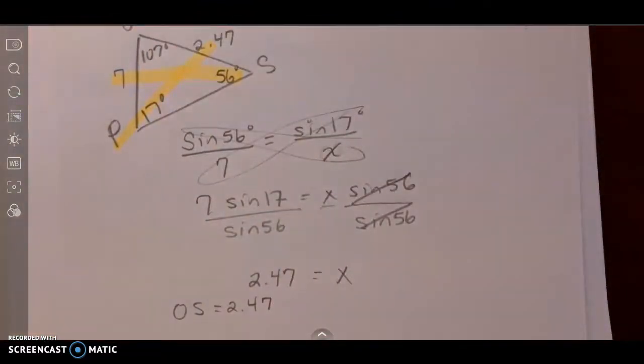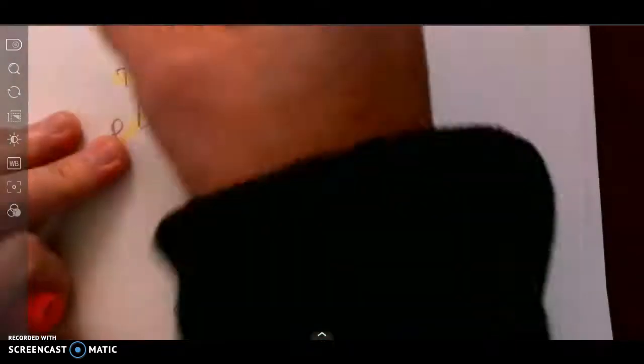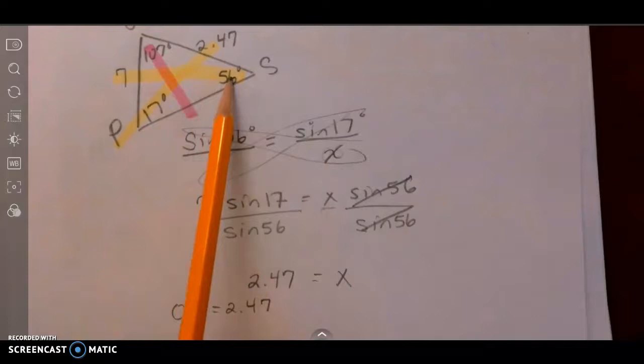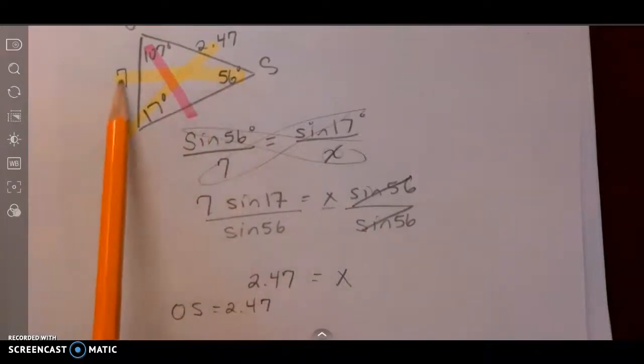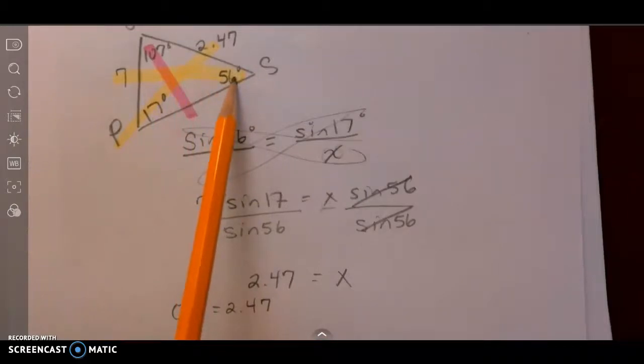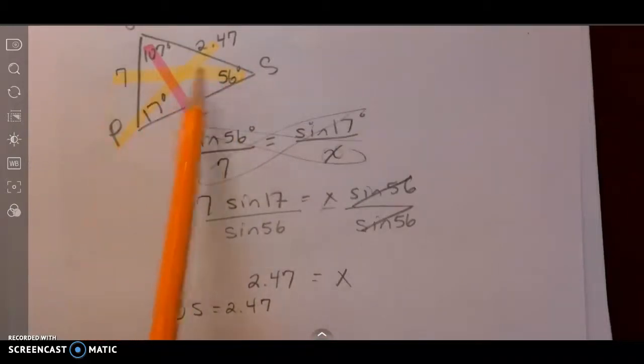Now what I need to do is find side PS, the one across from the 107. So I still need that one. Now I'm going to still use my original sine of 56 divided by 7, because this is an estimate, so I'm going to get a more accurate answer if I use my original.